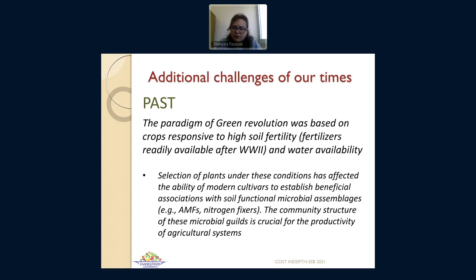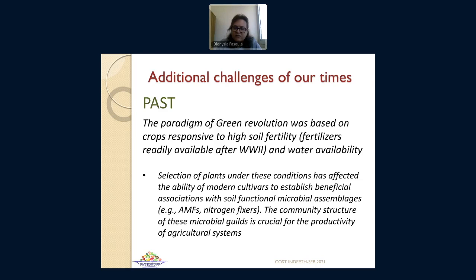Additional challenges of our times. In the past, the paradigm of the green revolution was based on crops responsive to high soil fertility, as fertilizers became readily available after the Second World War, and ample water availability.